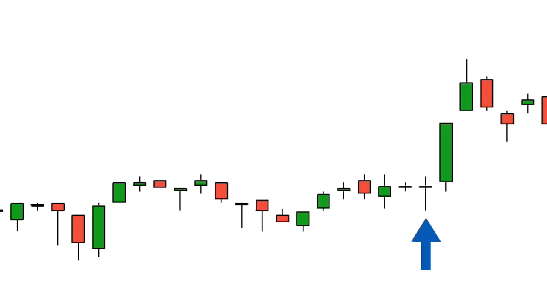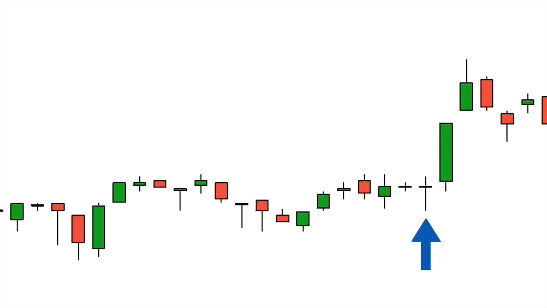So it's got a high and a low, and the open and the close at about the same level, and this is called a Doji bar. In this case, it just means that prices were in a range during the time frame of the bar, and they closed at the same level as the bar opened.